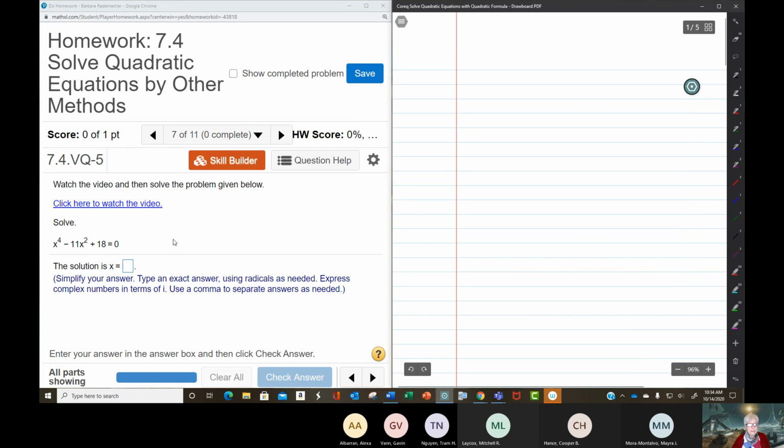Now, let's start here, because I believe one of these problems is going to be on your final exam. I don't always know what's going to be on the final exam because I don't write all of it.